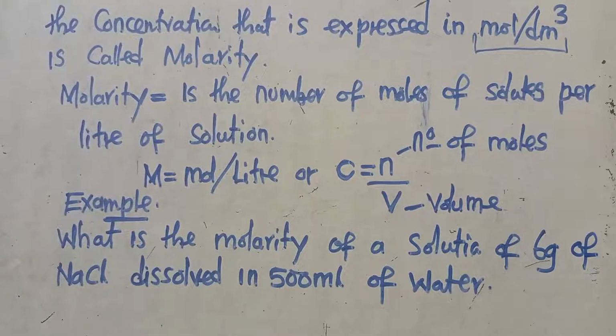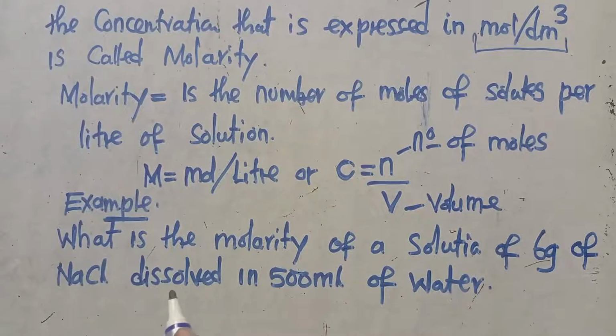First thing, you need to convert the grams of sodium chloride to moles of sodium chloride. In other words, we need to calculate the molar mass. That is the first step. We calculate the number of moles.